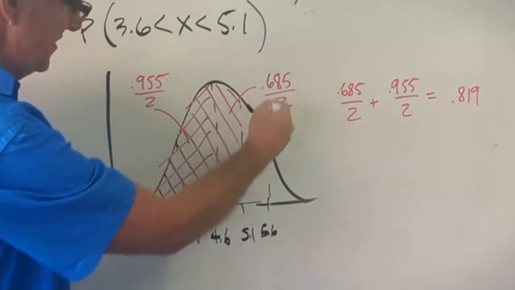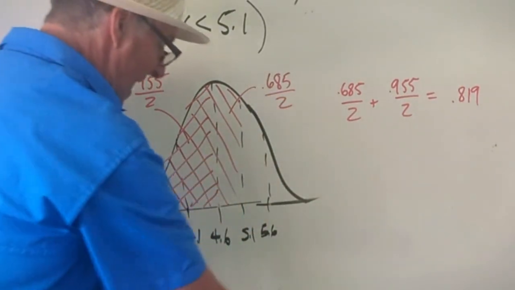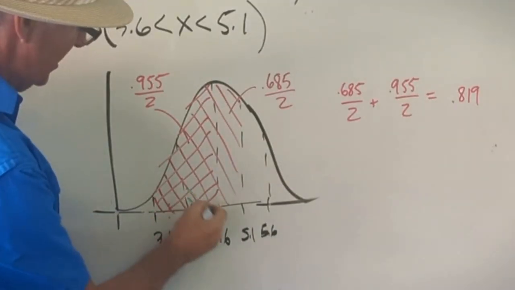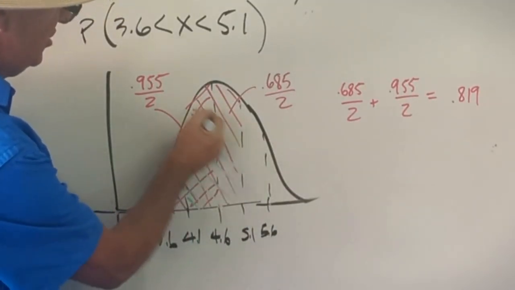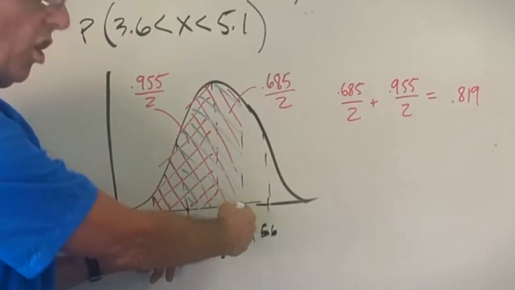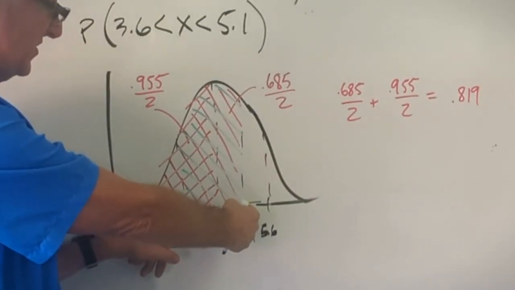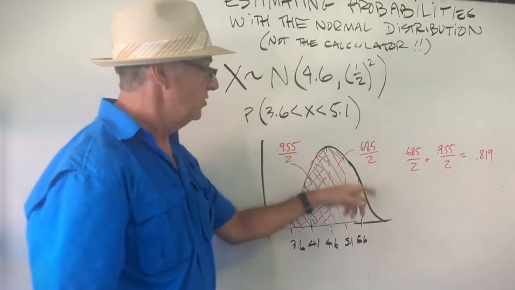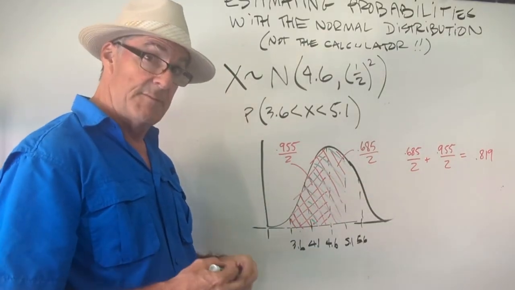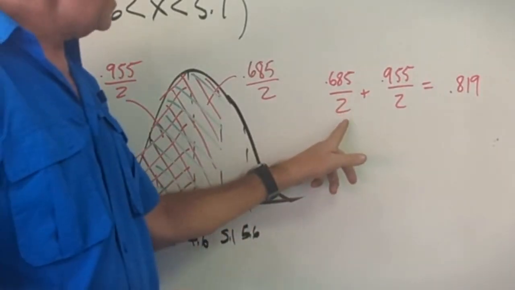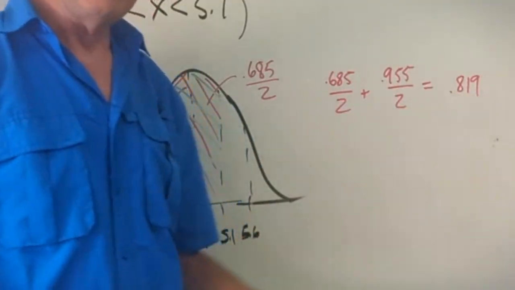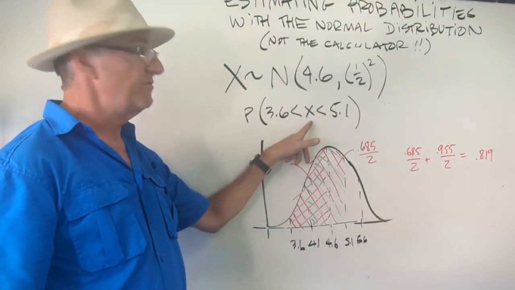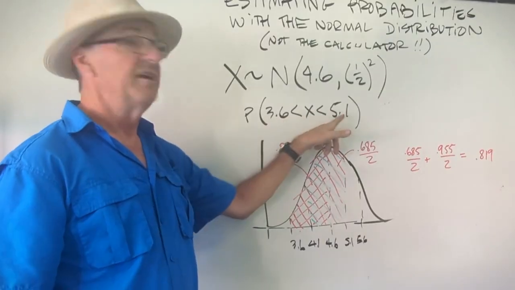And similarly with this one, it is half of 1 standard deviation away. And so 1 standard deviation away is this green shading right there. This is all 68.5% of the data. So that piece is 0.685 over 2. The total probability is just going to be the sum of those areas. So I went ahead and added them up here, and I get 0.819 or 81.9% chance that random variable x falls between 3.6 and 5.1.